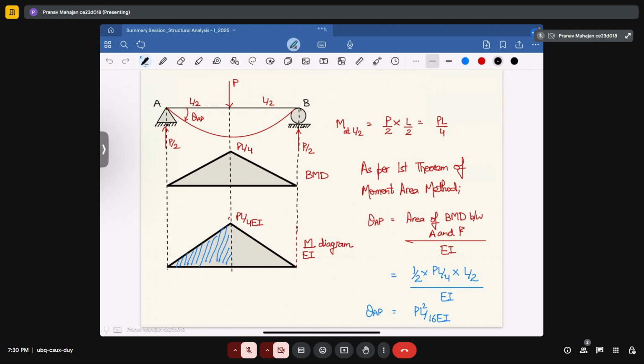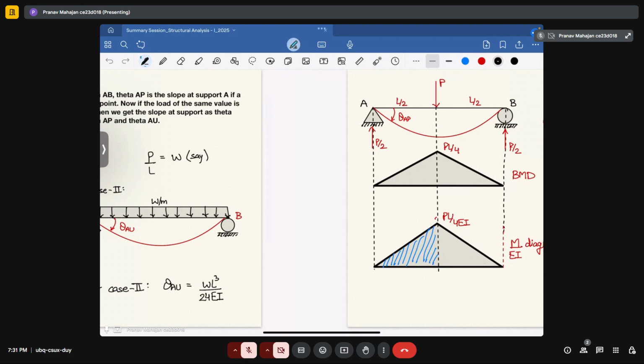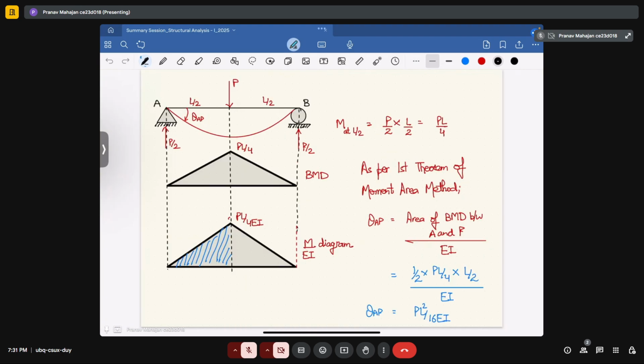First we will see how this PL square upon 16 EI came. We will draw the bending moment diagram for this case. Between point A and the middle of the beam, you will calculate the area.